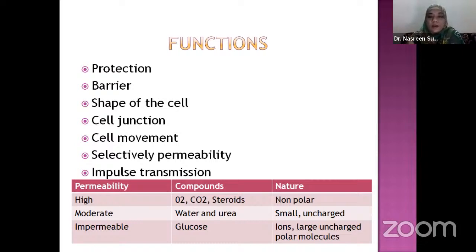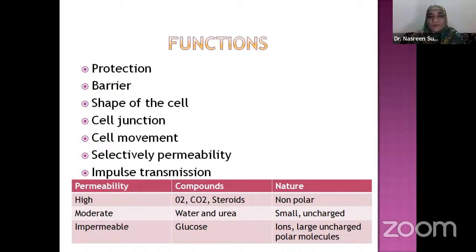You have certain other compounds like water and urea, which are small and uncharged particles. Small and uncharged means they are average students, scoring average. Few seats are left. Now average students also are taking moderate.